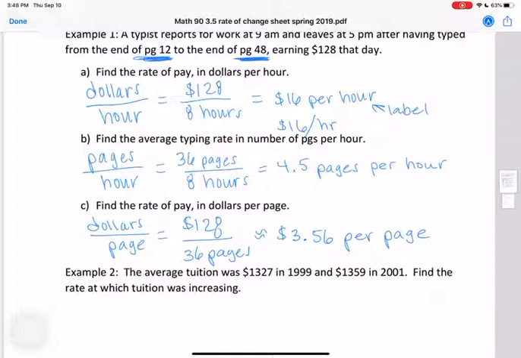And this one, I just typed it on my calculator just to make sure. What you probably got on your calculator, hopefully, is 3.5555, and it keeps going on and on and on, right? So I want it to go to what we typically see as cents. This is the hundredths place.